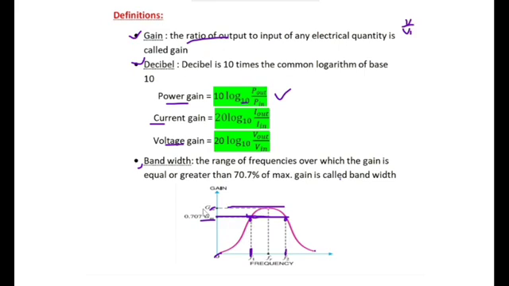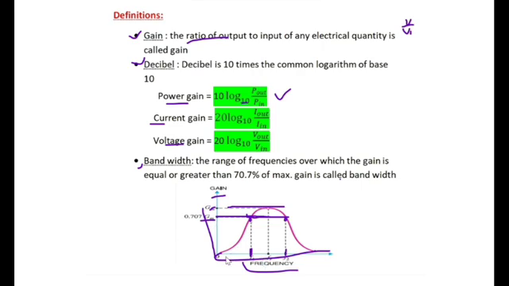The curve drawn in this manner is called the frequency response of that amplifier. It is drawn between frequency and gain. The graph drawn between frequency and gain is called the frequency response of an amplifier.